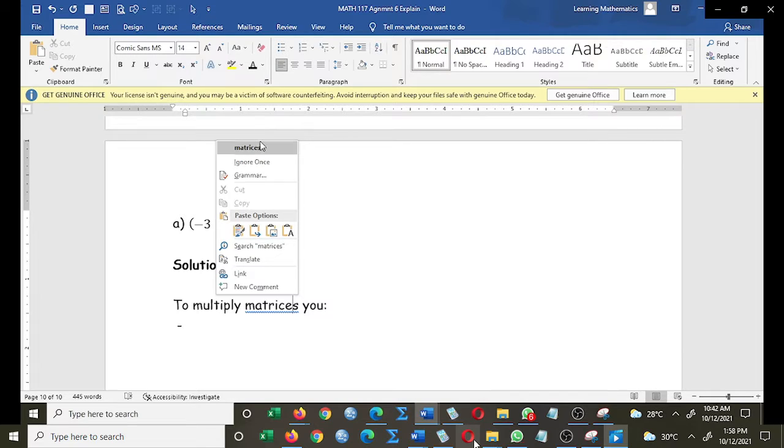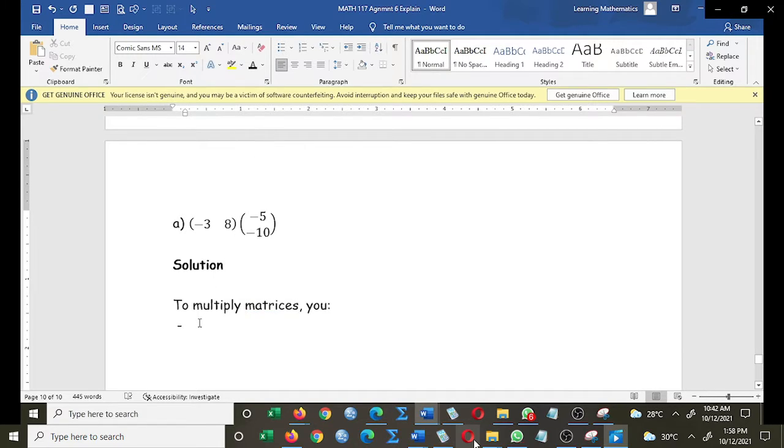Let me just put that in words. To multiply matrices, you multiply the corresponding elements. There are different ways of saying it, but let me look at another way.